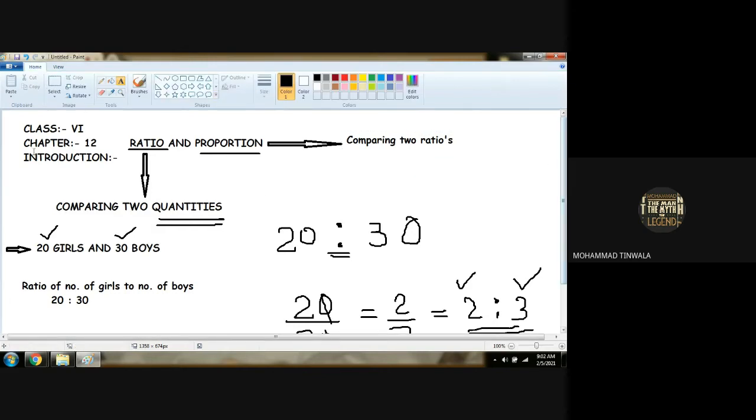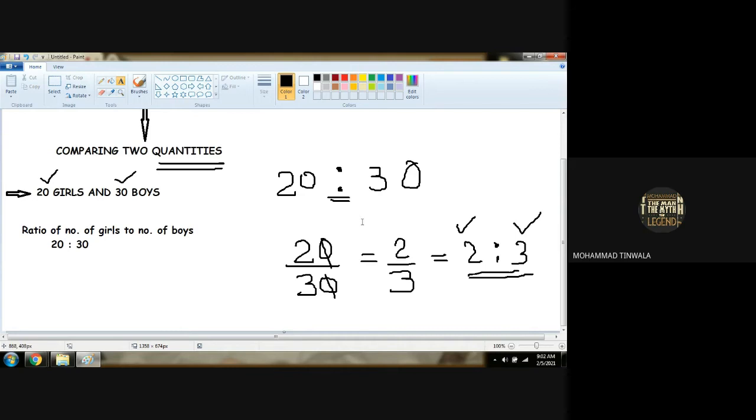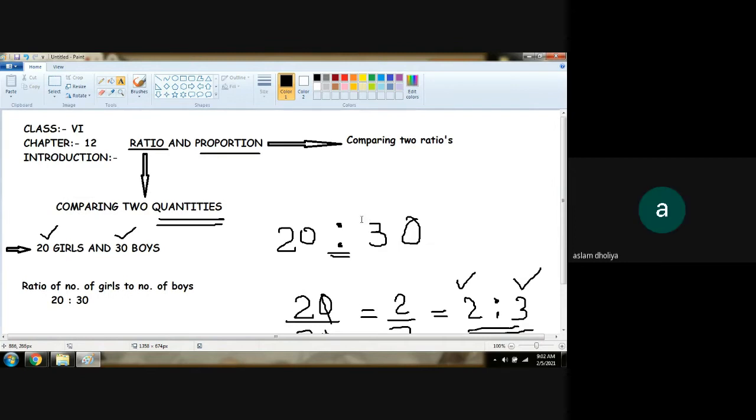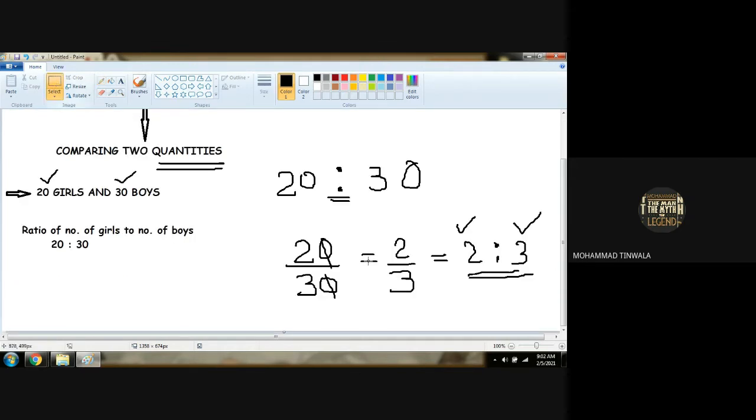Comparing two ratios. Comparing two ratios. Do you understand? Yes. For example, now, first of all, I will remove this.